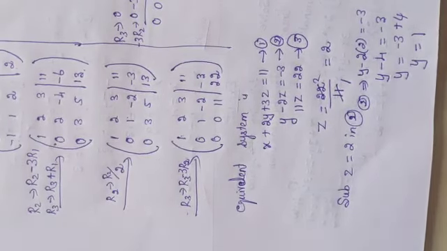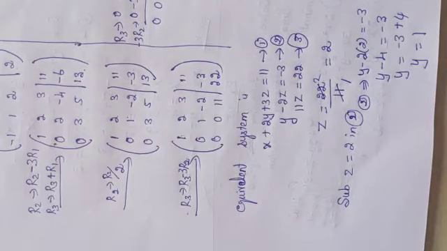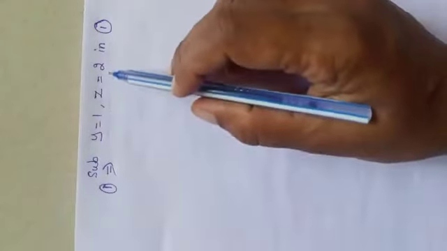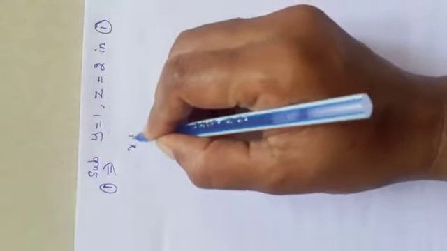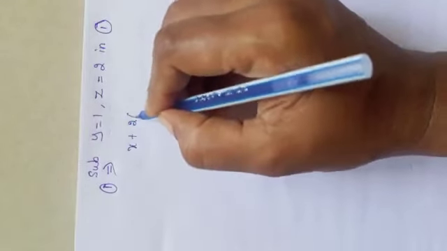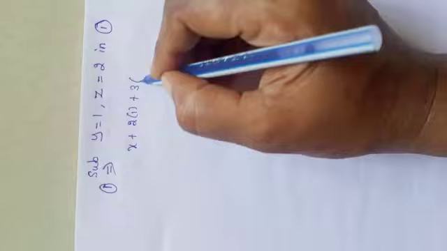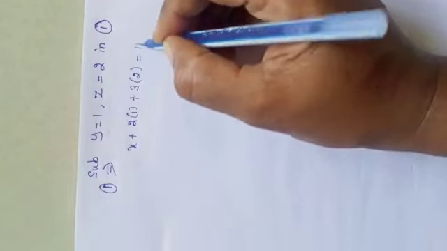So z equal to 2, y equal to 1. Now we have to substitute in equation number 1. See, substitute y equal to 1 and z equal to 2 in equation number 1. So equation 1 implies x plus 2y, 2 into 1, plus 3z, 3 into 2, is equal to 11.